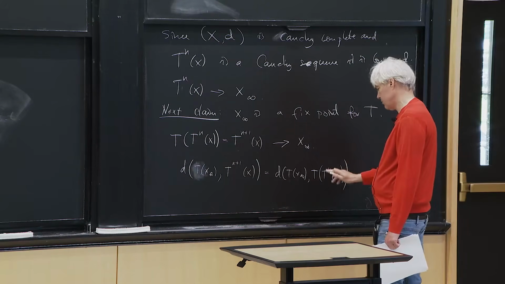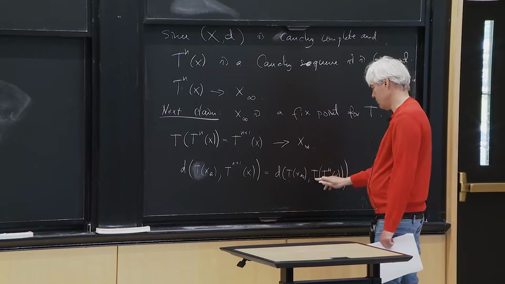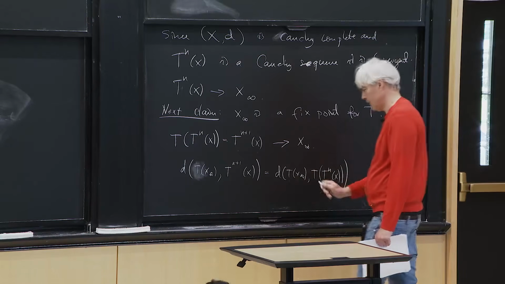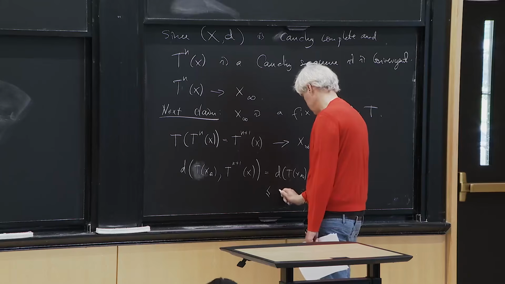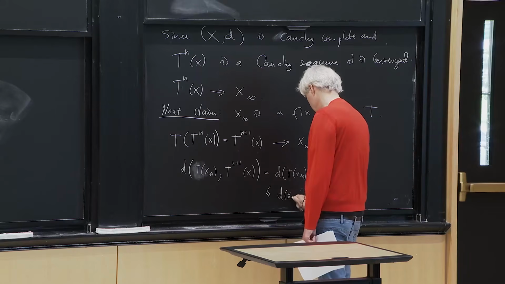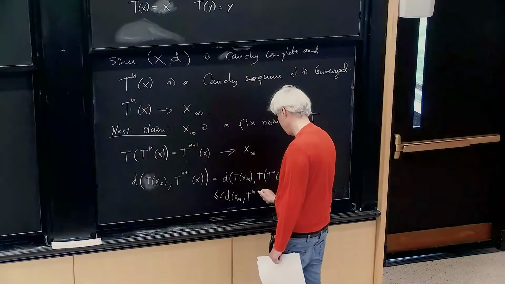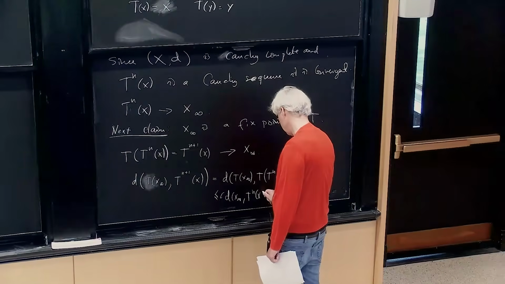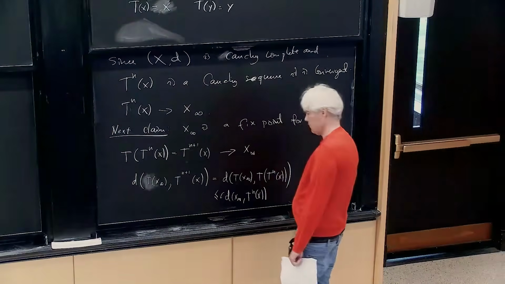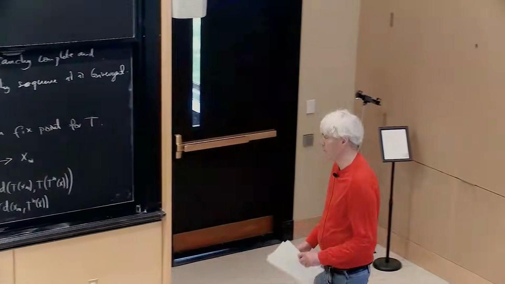You can think about this as just some element, apply T to it. Here there's T applied to that. So this is less than the distance from x infinity to T^n of x, with a constant c less than 1 in front. Like this, right? By the contracting map property.